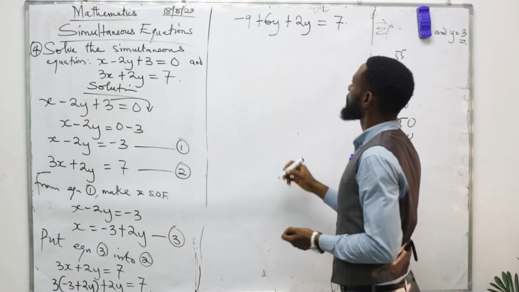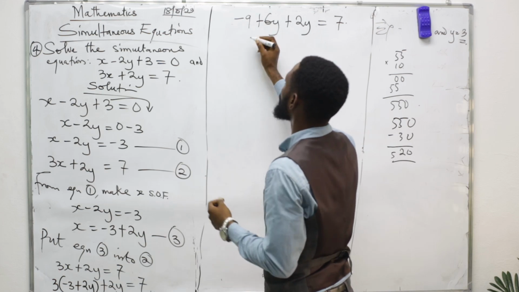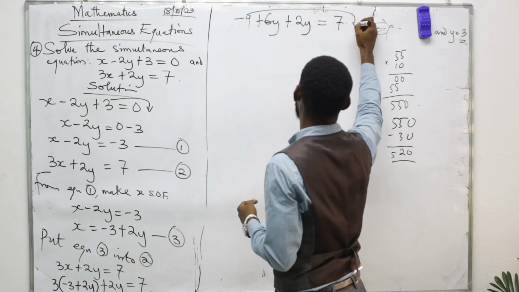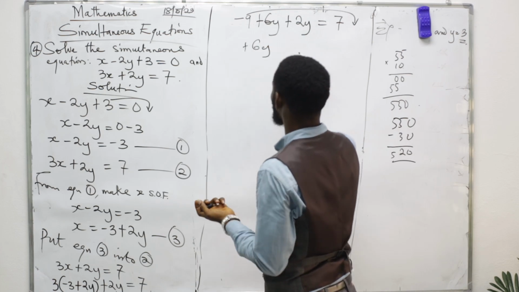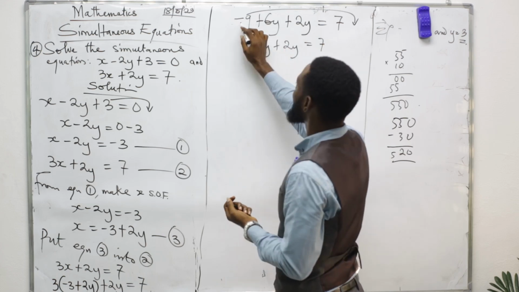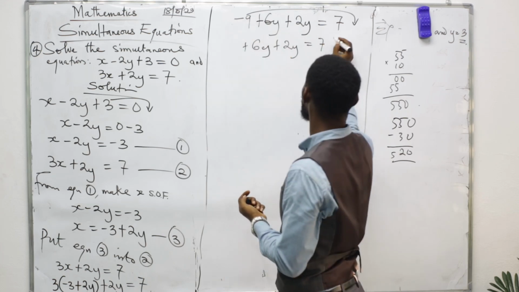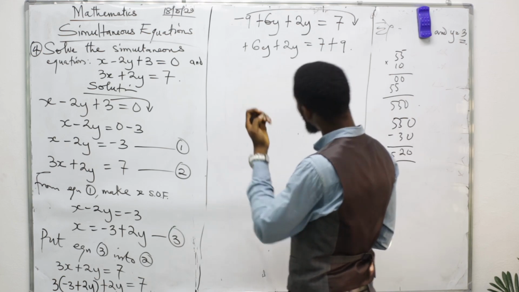We can just take like terms from this point. Minus 9 should go to the 7 side, so that we'll now have 6y plus 2y is equal to 7. 9 going to this place changes to plus, so this is plus 9. You get that now? All right.